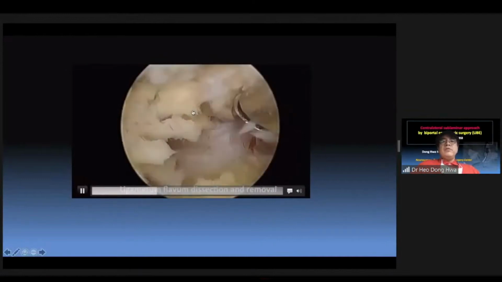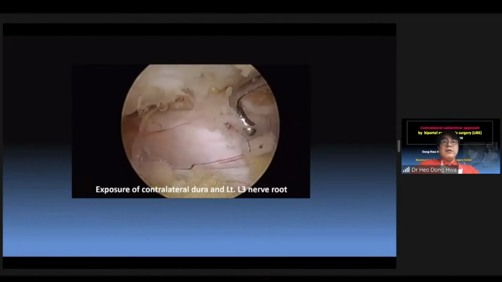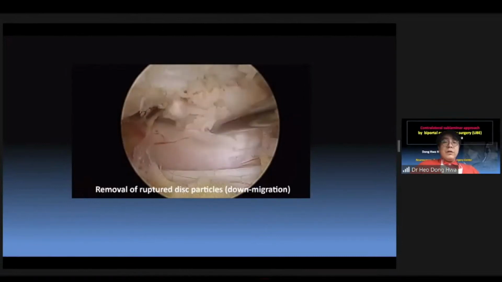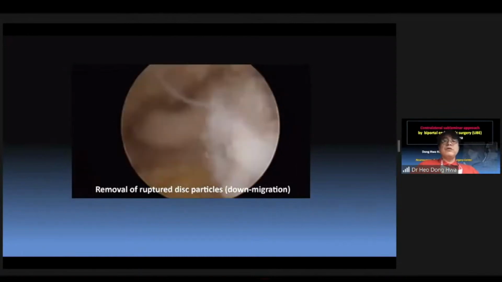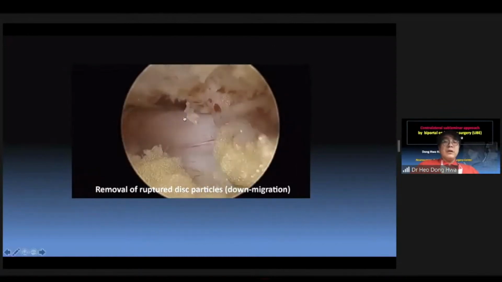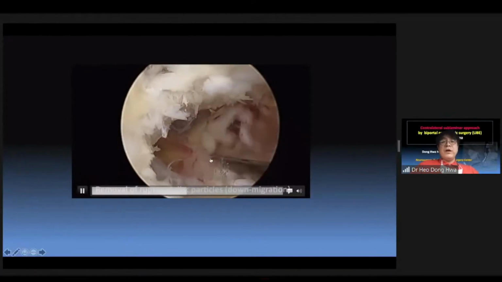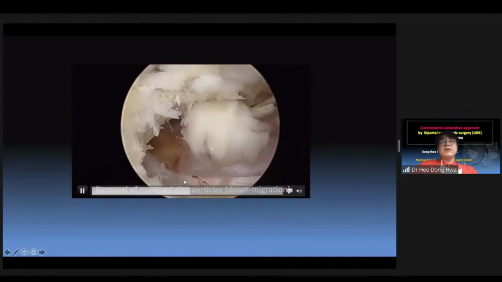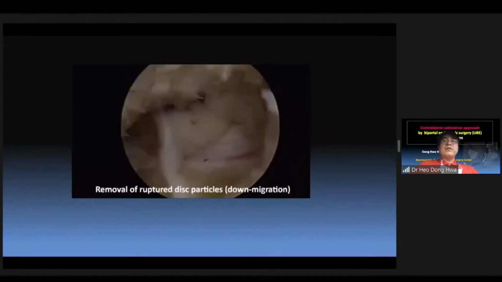Now I remove the contralateral ligamentum flavum here, and you can see the contralateral L3 root, and you can see the ruptured disc herniation, and you can see the L3 root, and also I remove another particle, a second particle, the down-migrated foraminal disc herniation.